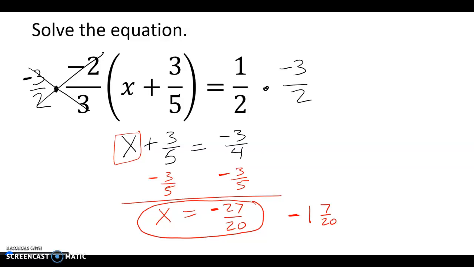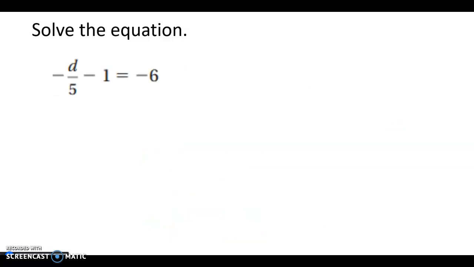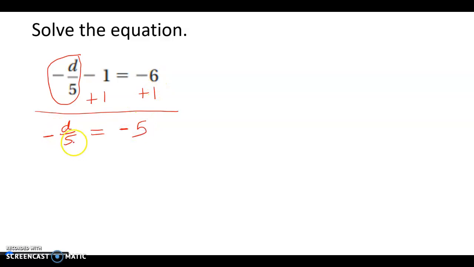All right, the very last one before the example from the book. Here's my variable term. So I gotta get rid of the minus 1 first. So I just go plus 1 and plus 1. That gives me negative d over 5 equals negative 5. Now, this is a divided by 5, and I like to include the negative with it.